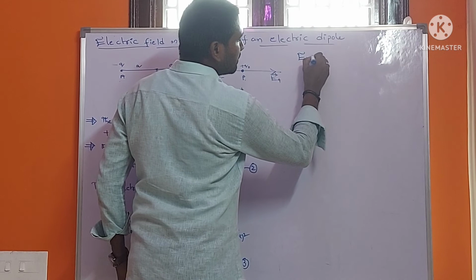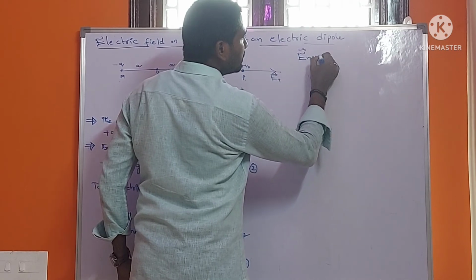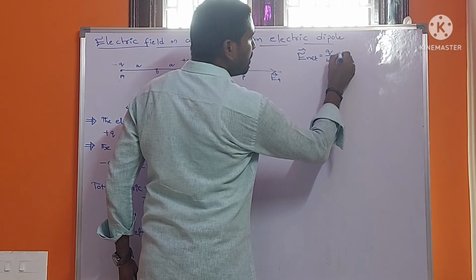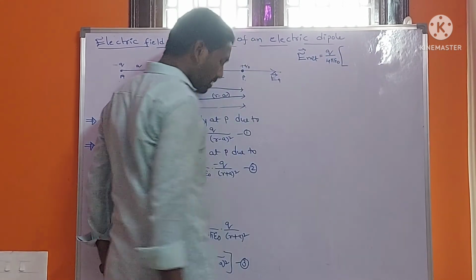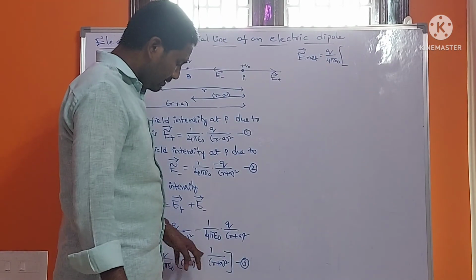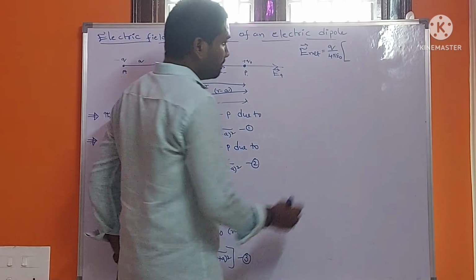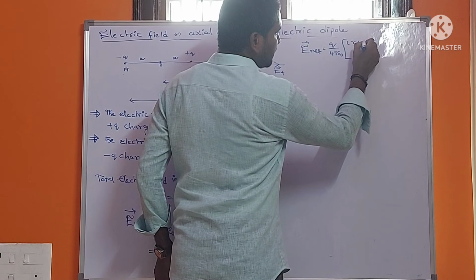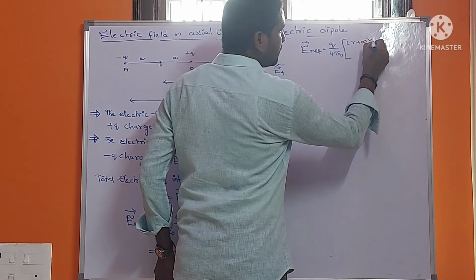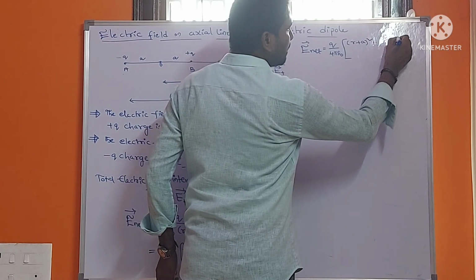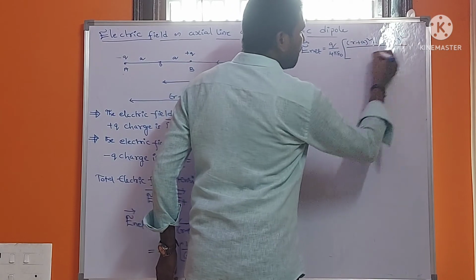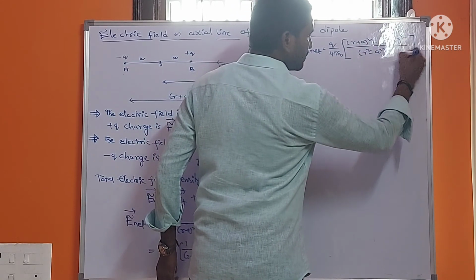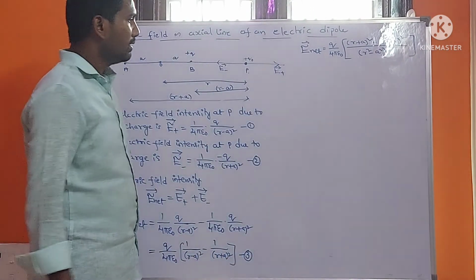E net is equal to Q by 4 pi epsilon naught, here cross multiplied, R plus A whole square minus R minus A whole square by R square minus A square into whole square. Both are being multiplied.